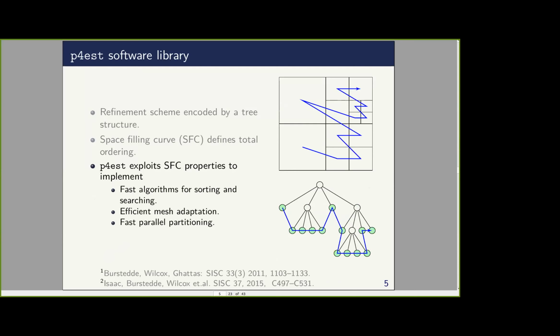So what p4est does is it exploits the properties of a particular SFC, the space filling curve, to give the user a set of algorithms for sorting, searching, mesh partition and mesh adaptation. The library is also well known for good parallel scalability and for being used as a base mesh oracle in many other well-known libraries like deal.II, for example.